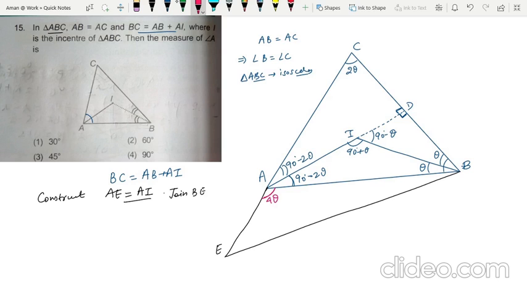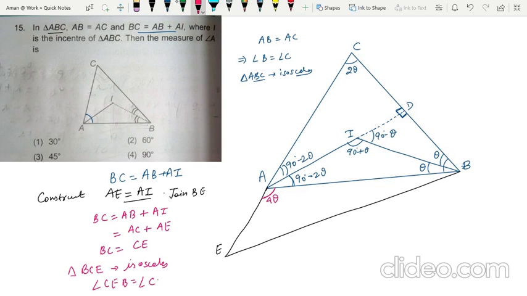BC is equal to AB plus AI, and we know AB is equal to AC, and we made AI equal to AE. So AC plus AE is basically CE. So BC is equal to CE, therefore triangle BCE is an isosceles triangle. So angle CEB is equal to angle CBE.